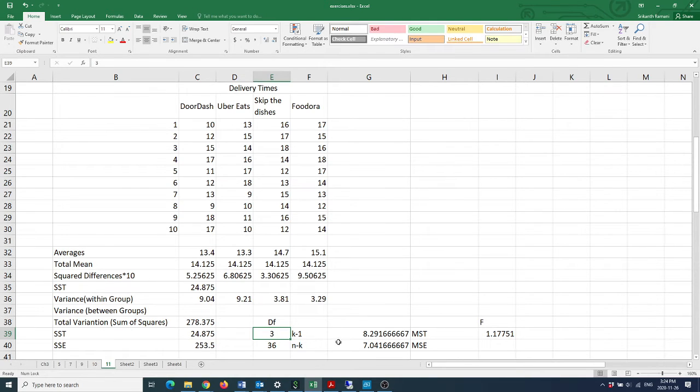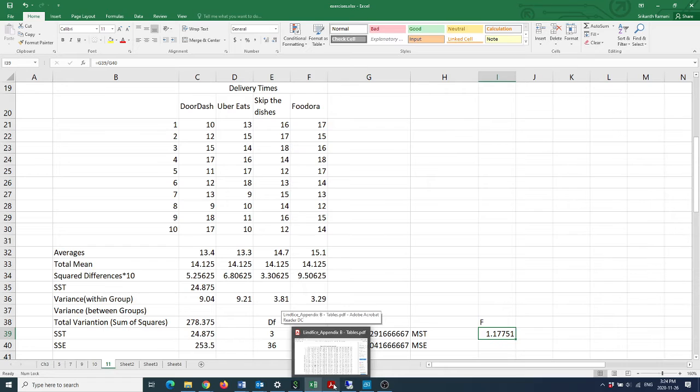Then you find that the mean square of treatment is the sum of squares of treatment divided by the numerator degrees of freedom, and the mean square of error is the sum of squares of the error divided by the denominator's degrees of freedom. Once you have that, the F statistic is just the MST divided by the MSE, which is 1.17751 in our scenario.